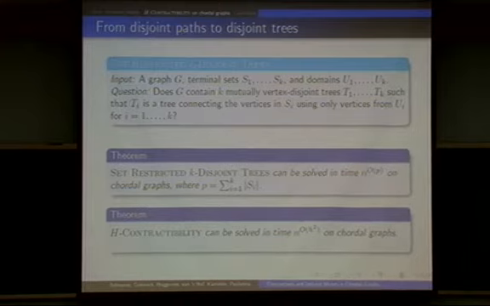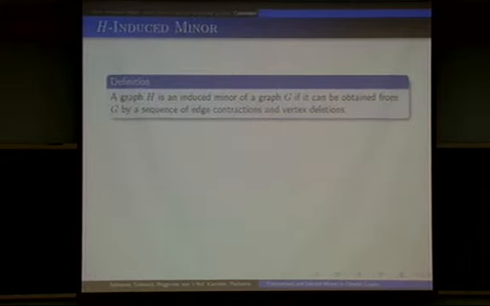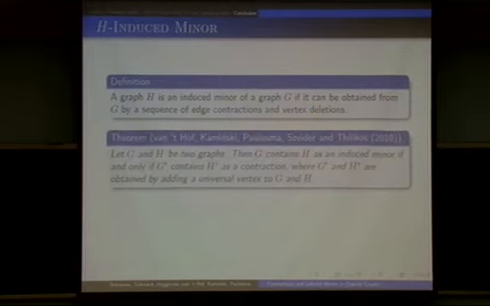So I promised I would talk a bit about induced minor. Induced minor is H contraction where you are also allowed to delete vertices. And there's a nice result which gives us everything for free: given a graph G and H, H is an induced minor of G if and only if a graph H prime is a contraction of G prime, where you get the prime graphs by adding a universal vertex.